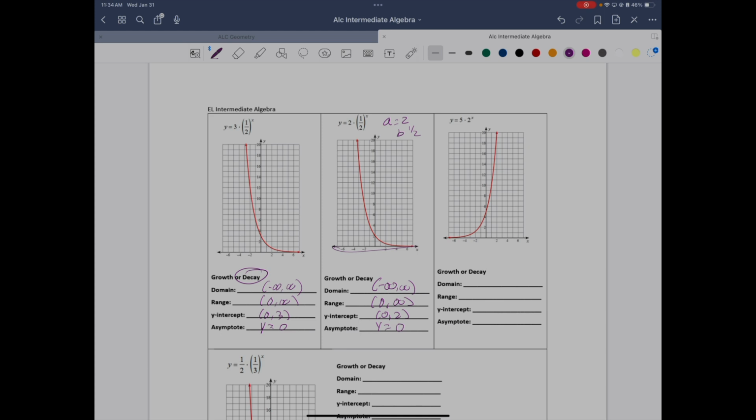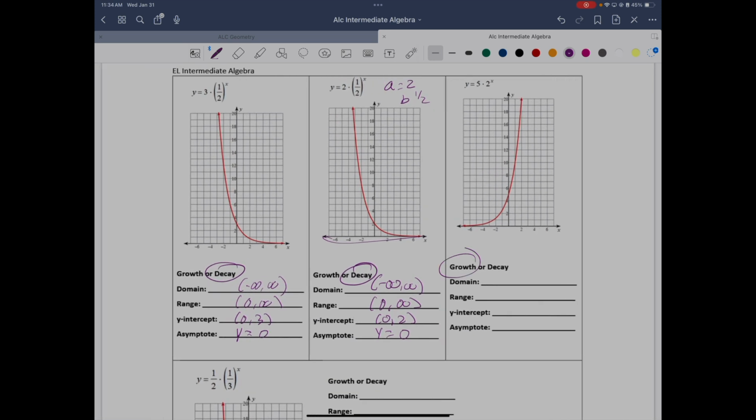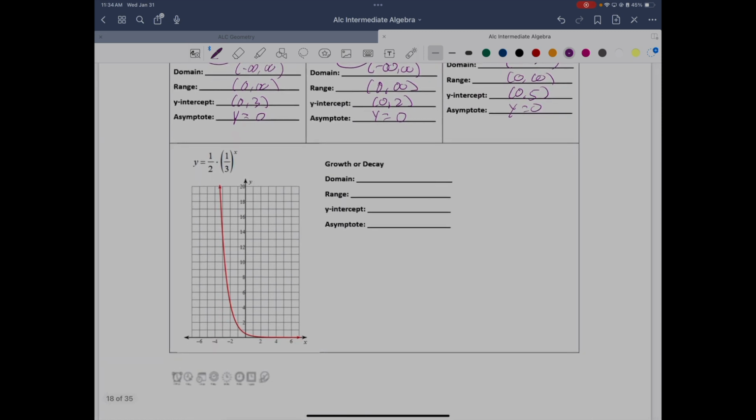Oh, it's decay. Yep, sorry, we didn't answer that one. It's decay. Third one, growth or decay? Domain, negative infinity to infinity. Range, 0 to infinity. Y-intercept? (0, 5). The asymptote, y equals 0. And it is growth. And the last one.